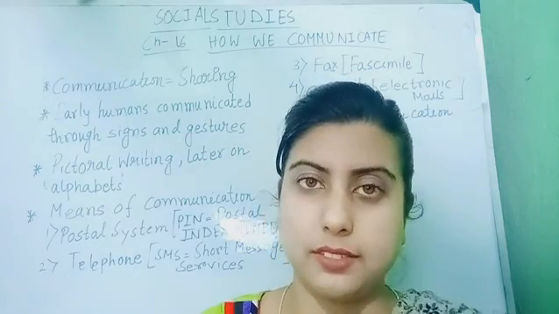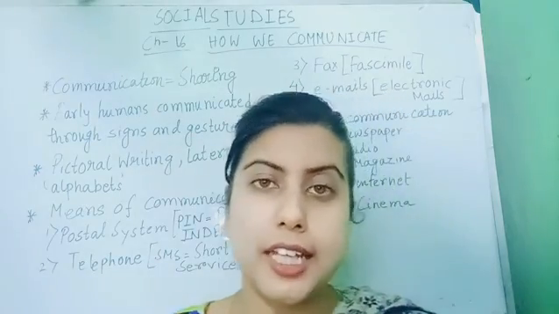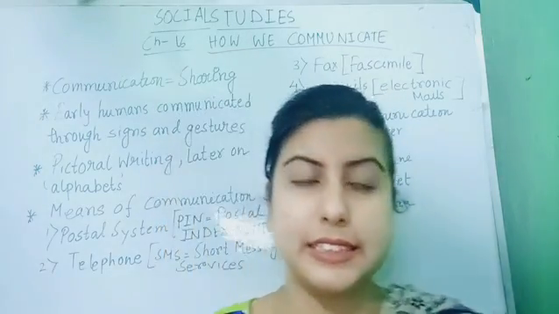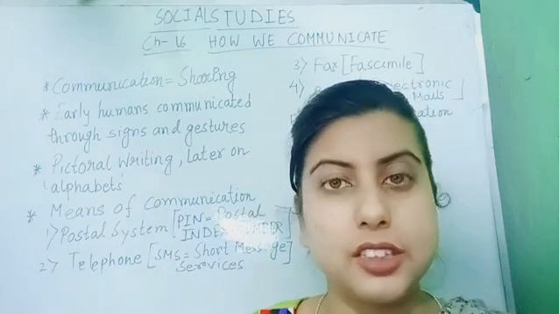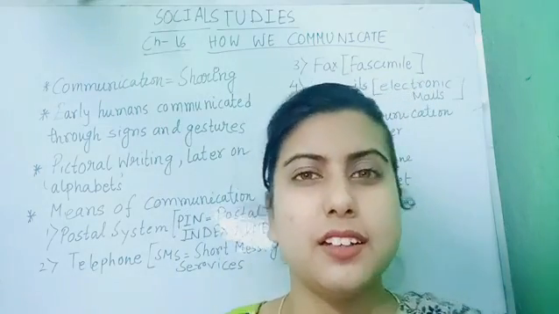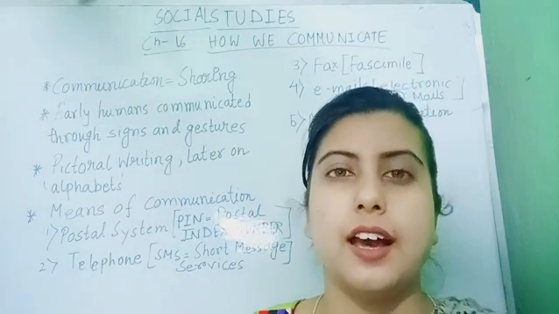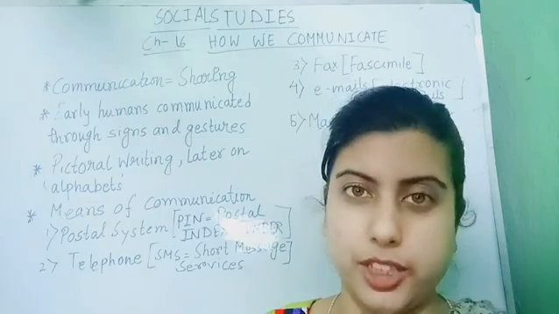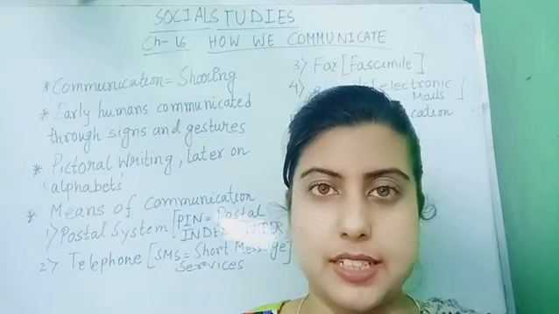Now, children, in the old days, when early human beings didn't know how to talk, they didn't know any language or have any other means of communication. So how did they communicate?